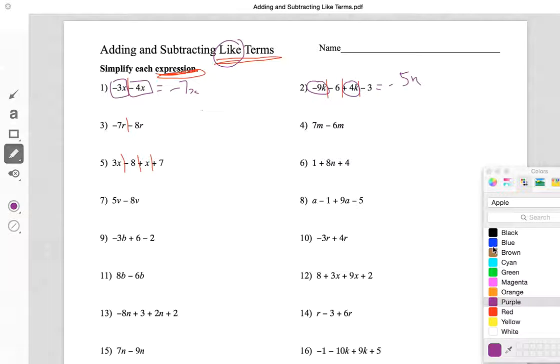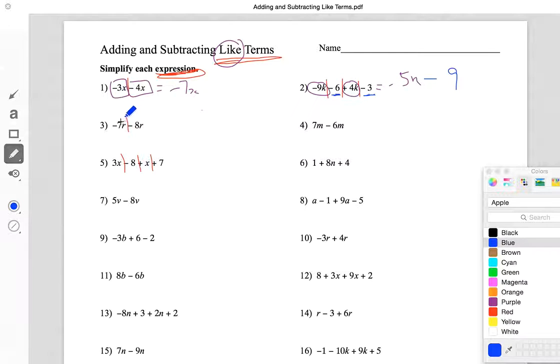And in terms of dealing with the numbers then, so the minus 6 and the minus 3, they've both got no algebra, so they have the same algebra, i.e. nothing. So it's minus 6 minus 3, that makes minus 9. So that expression there, get the k's together, the minus 9k and the 4k, that makes minus 5k. Minus 6 and minus 3 makes minus 9.